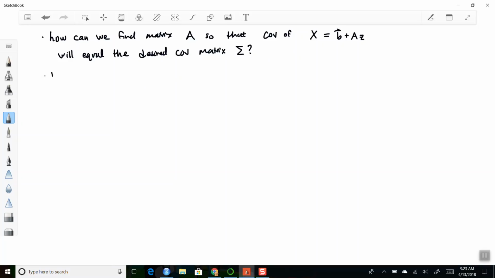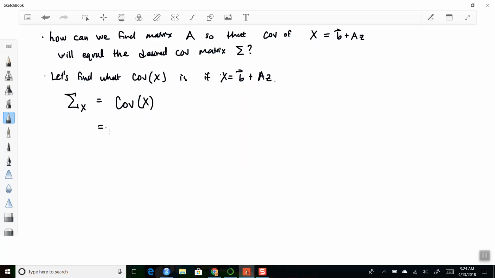Okay, so let's find what the covariance of x is if x is defined as b plus a times z. All right, so the covariance of x is equal to this, all right?